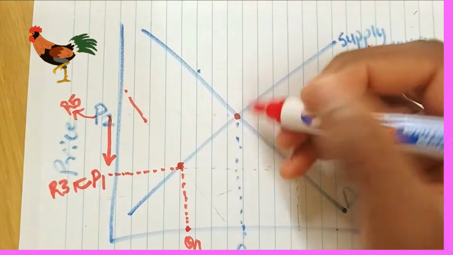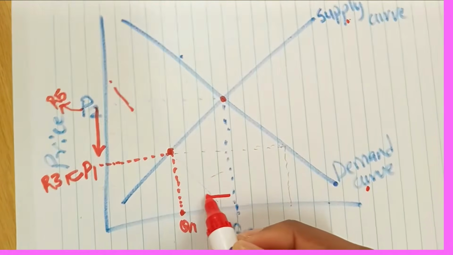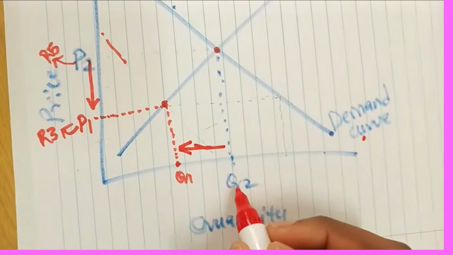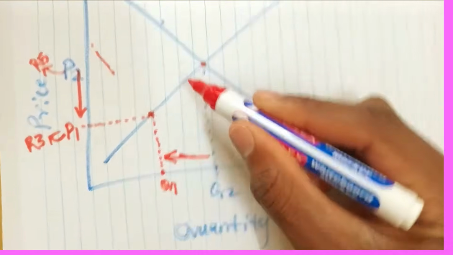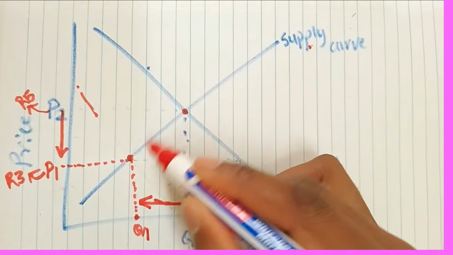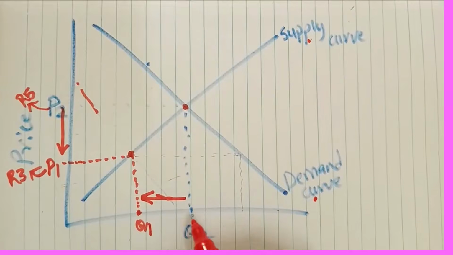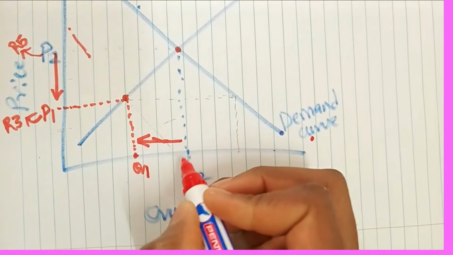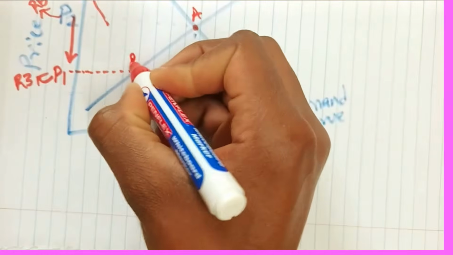Remember, we were supplying at Q2. So now the quantity supplied has decreased, from Q2 to Q1. I'm reading it from the supply curve. Here we can see this is A, this is B.